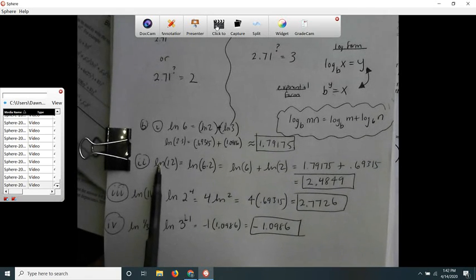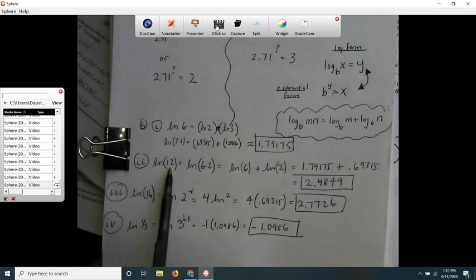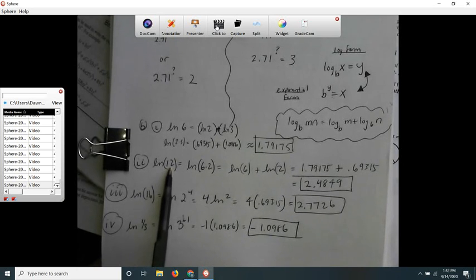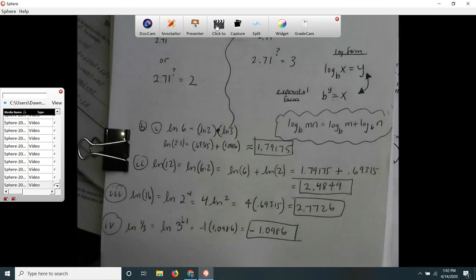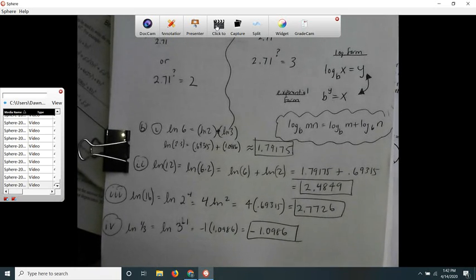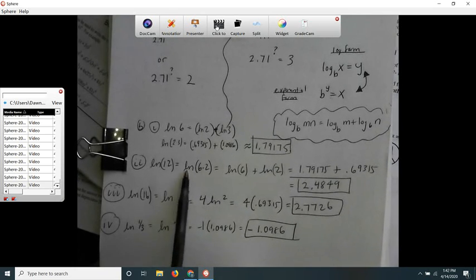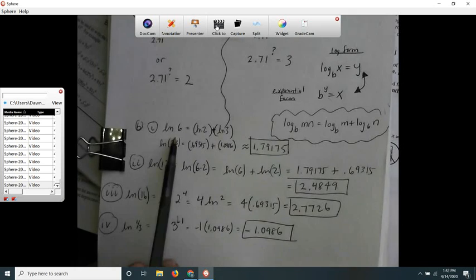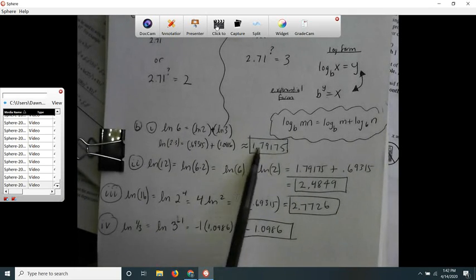And then natural log of 12. So you could have said it's ln 2 plus ln 2 plus ln 3, because 2 times 2 times 3 makes 12. But we just got done doing ln of 6. We just found out a minute ago that ln 6 equals this value.